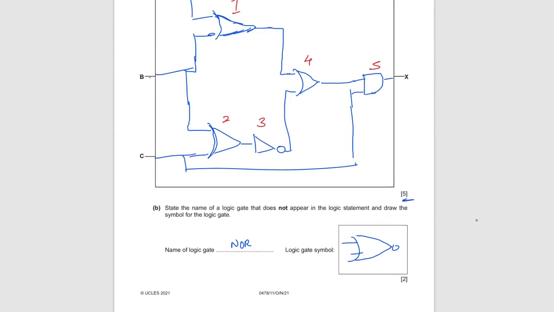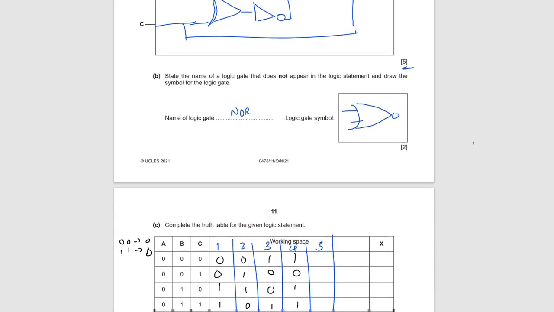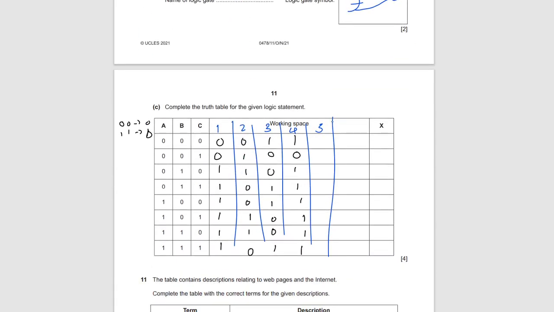Finally, number 5 is an AND gate of 4 and C. So with 4 and C, we multiply them together, so this will be 0, this should also be 0, this should be 1, this should be 0, this should be 1, this should be 0, this should be 1. So finally the answer is 0, 0, 0, 1, 0, 1, 0, 1.